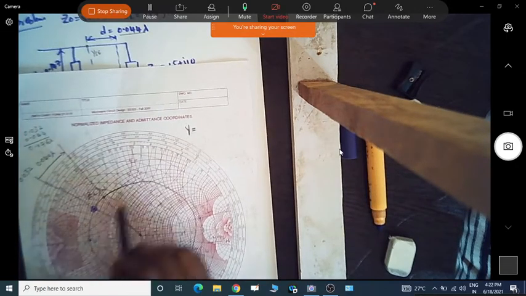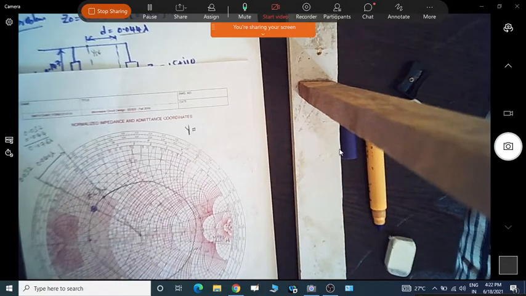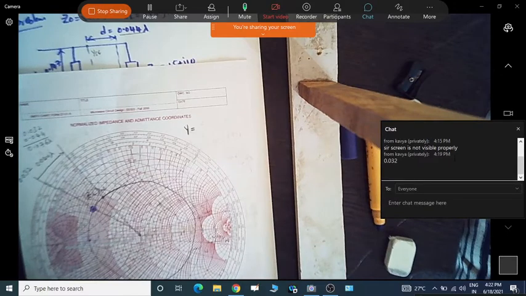So in this chart, where we have these lines and also from this point line, from this end. So we have to read the value here. Can anybody read? What is the value you are getting?